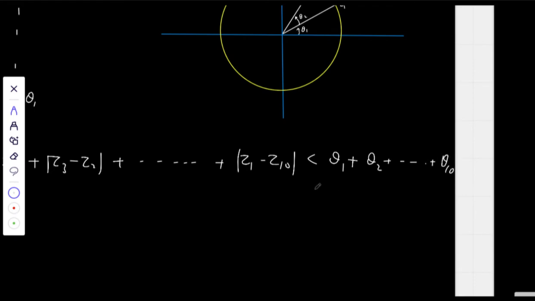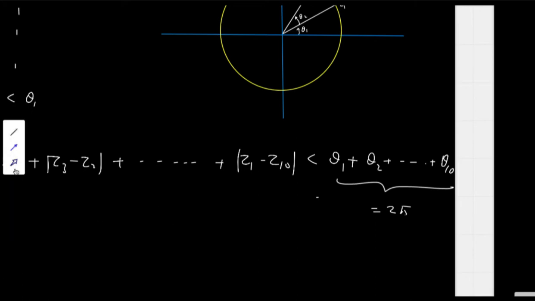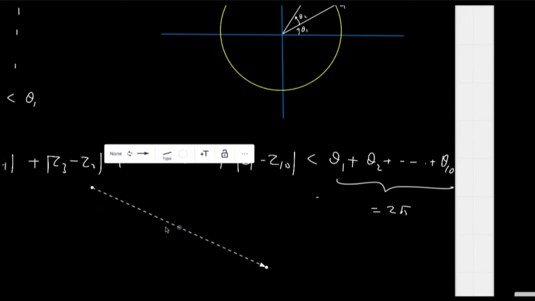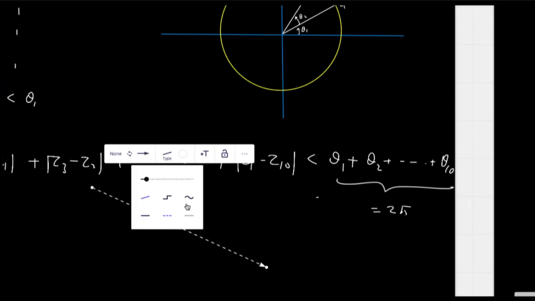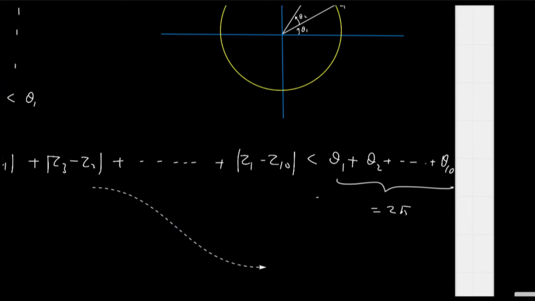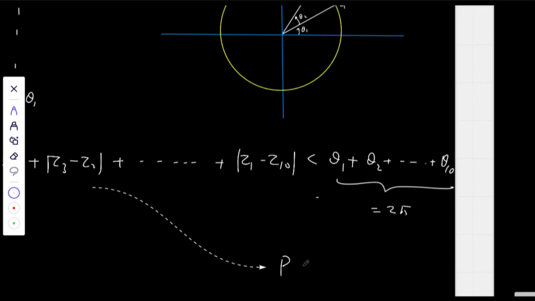And here that total is equal to 2 pi, as per the given data. So this implies that the statement is correct. So P is correct. Okay. Right.